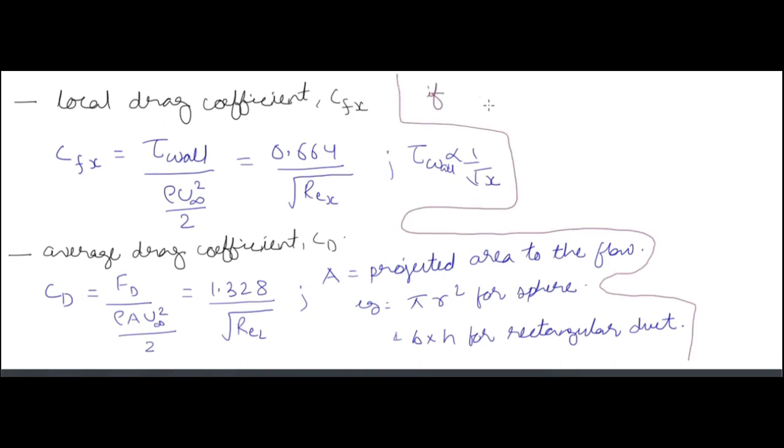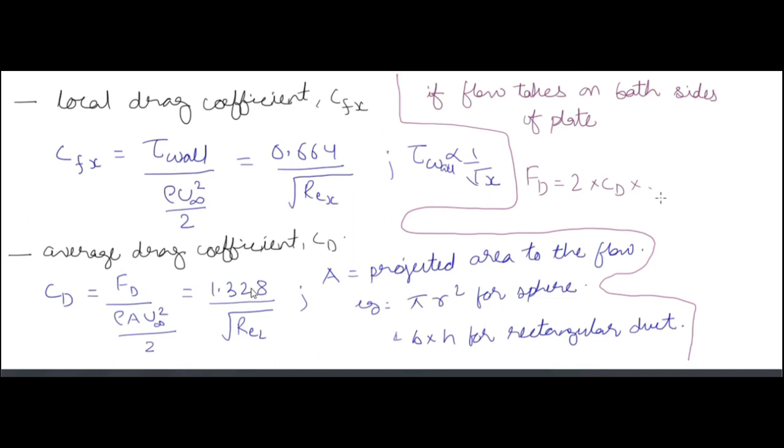FD is equal to CD rho A u square by 2 only when the flow is happening on one side of the plate, meaning the plate is at the bottom and the flow is over the plate.